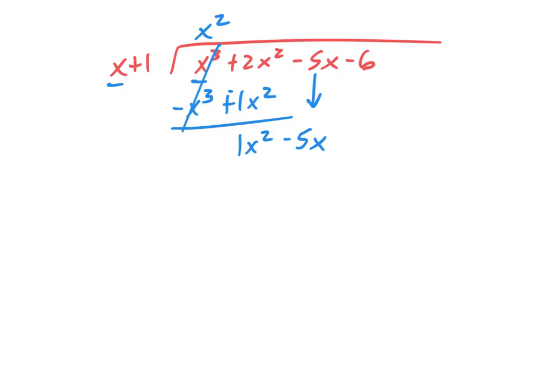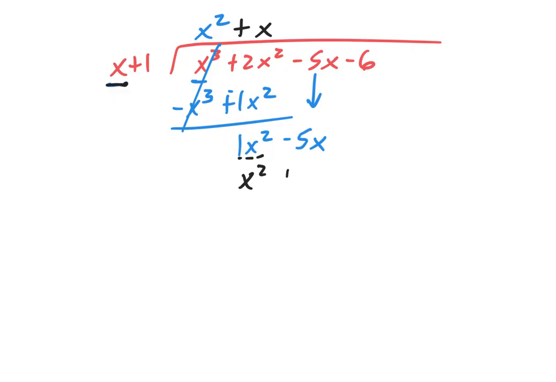Okay, and then once again, this is where it gets repetitive, guys, right? Because we're going to say, what do I have to multiply x by to get 1x squared? Just x, right? So that's going to come up here. And then I'm going to take x times x, which is x squared.